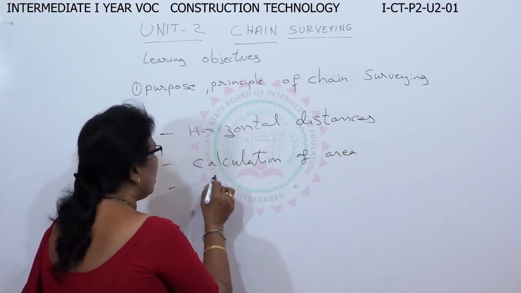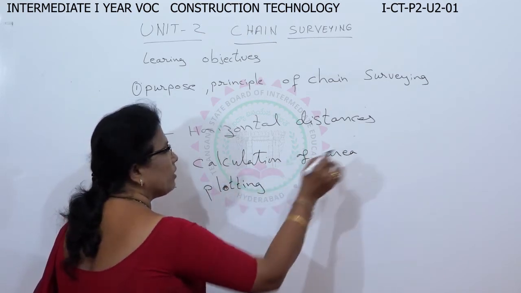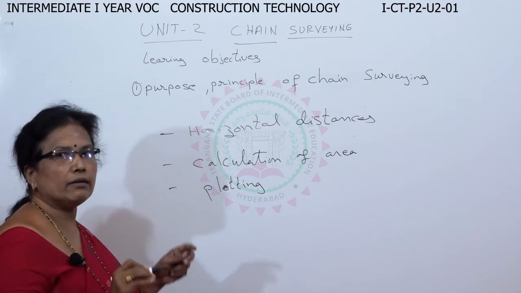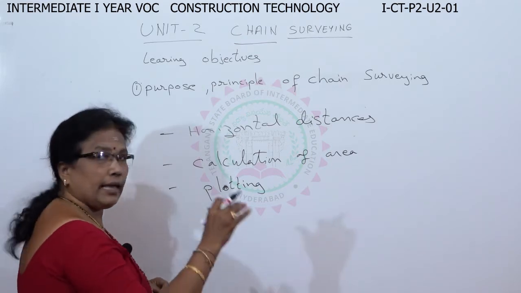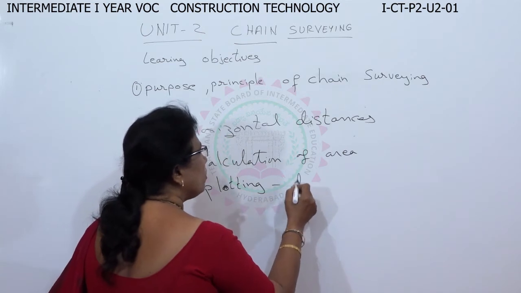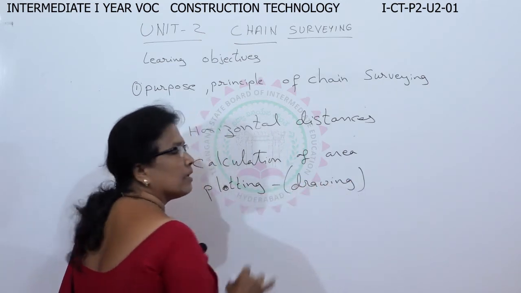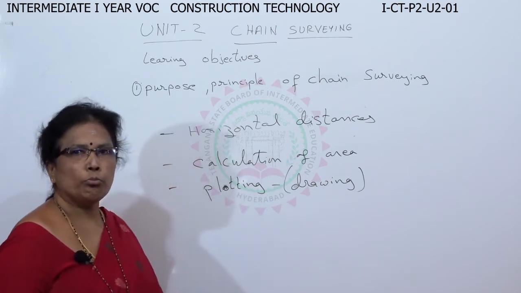Then we'll do the plotting. Plotting means whatever measurements we take on the field, according to those measurements we are going to do drawing. That is drawing of plans, sections, and so on. That comes under plotting.